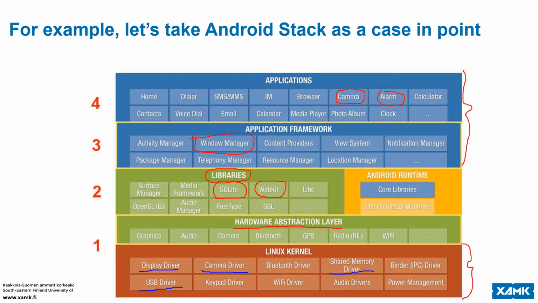So whenever you switch apps, you're telling the window manager of your operating system to bring something to the foreground and put something else to the background. So the application framework consists of these kinds of managers and providers for those managers. All in all, there is a lot of content on these levels of the software hierarchy already.